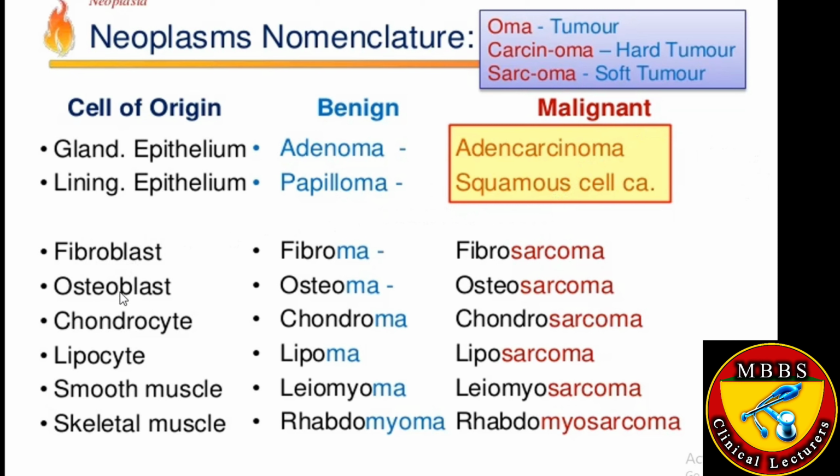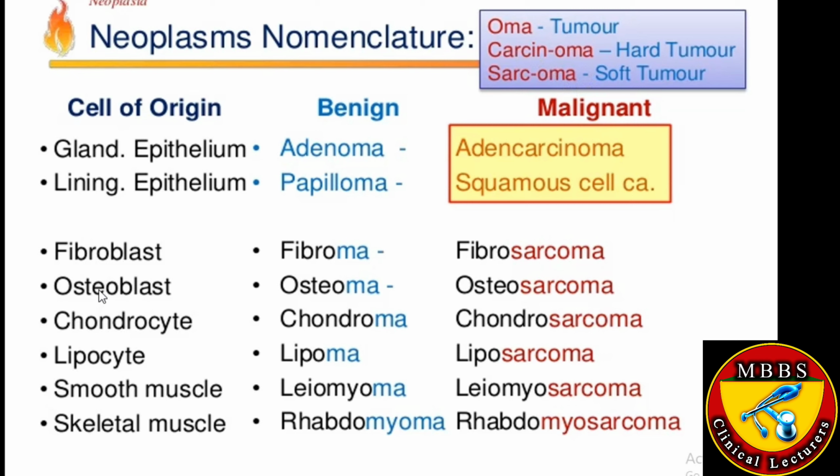If the cell of origin is fibroblast, then the benign tumor is fibroma and the malignant is fibrosarcoma. Remember that all the mesenchymal tumors are known as sarcomas, and all the epithelial tumors are known as carcinomas.